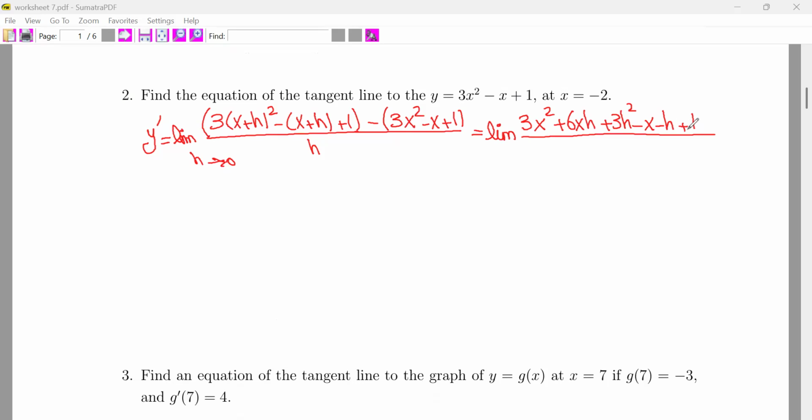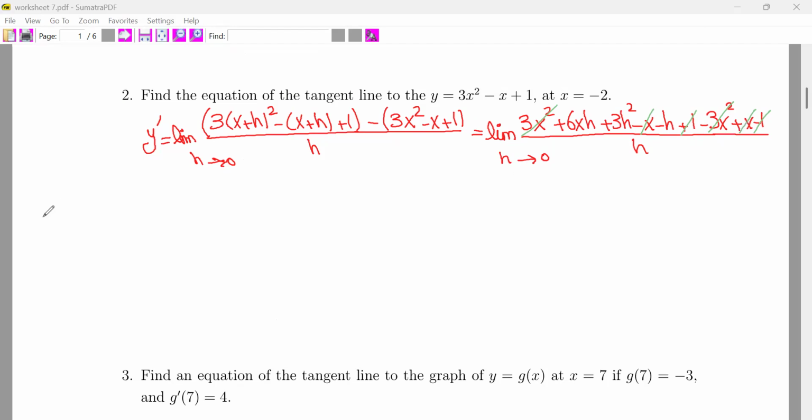And by distributing negative 1 here, we get minus 3x squared plus x minus 1, all over h when h is approaching 0. Now, we can cancel 3x squared, positive and negative. We can cancel out x positive and negative, also 1 positive and negative.